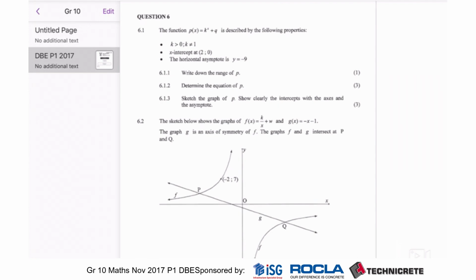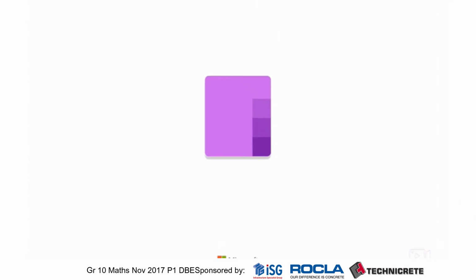Okay, it says the function p of x is k to the power x plus q is described to have the following properties. So k is greater than 0, k is not equal to 1, we've got x-intercepts, we've got, oh sorry, give me a second.